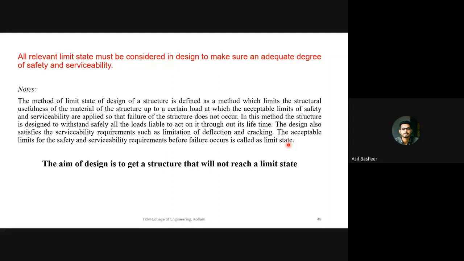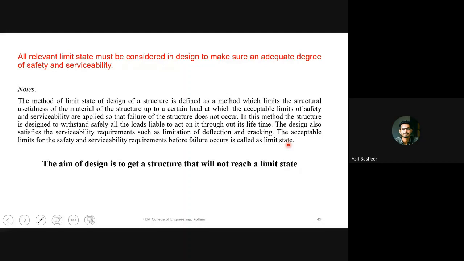We will design the structure in such a way that in its lifetime, it won't reach the limit state. Whatever limit state it has been assigned, it won't reach. If it reaches, we will say that the structure has failed. So we will design the structure such that it will be safe for all the limit states of serviceability as well as the limit state of collapse.